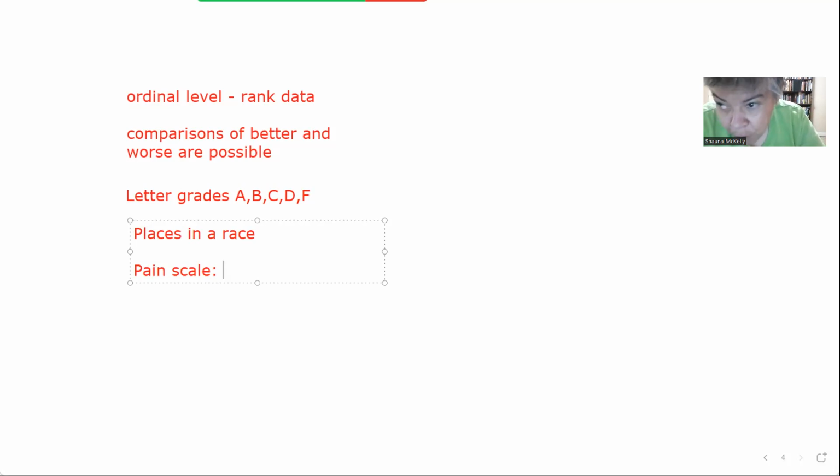And they say, what is your pain level like? Sometimes they say something like mild, moderate, or severe. Now, those are subjective. They vary by the person, but that would be an example of ordinal level. If you have mild pain, it's less than moderate, but how much, we don't know, okay? These are examples of ordinal levels.